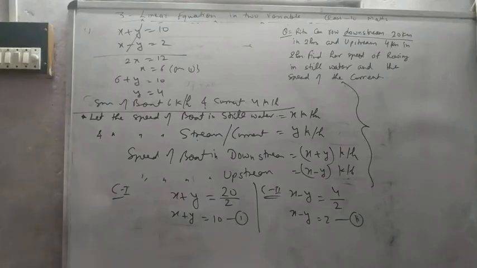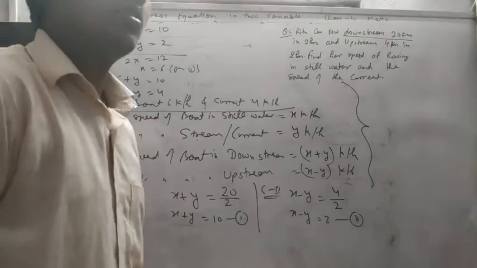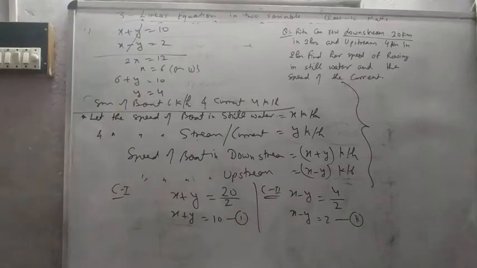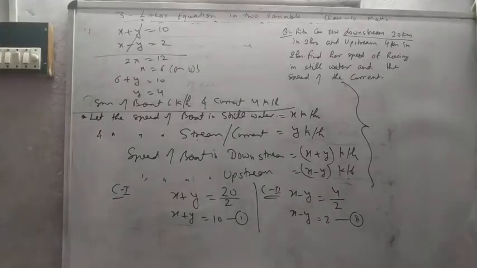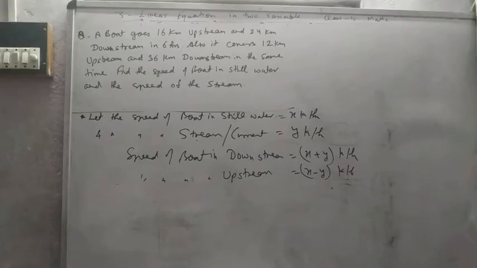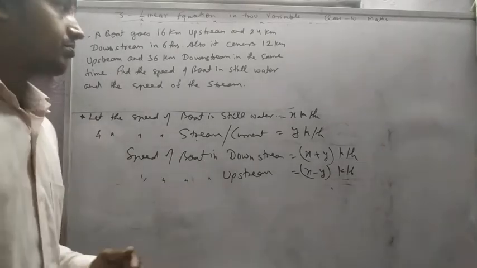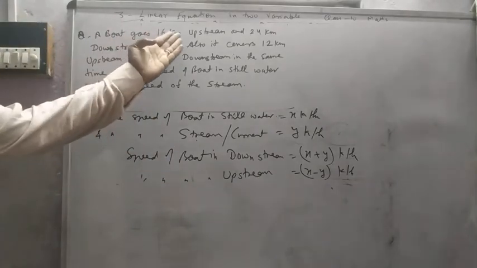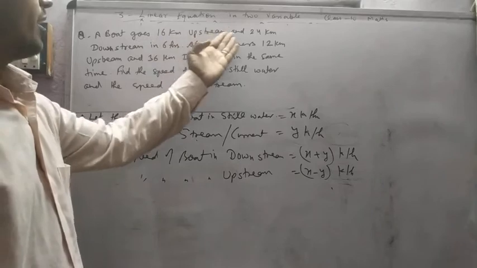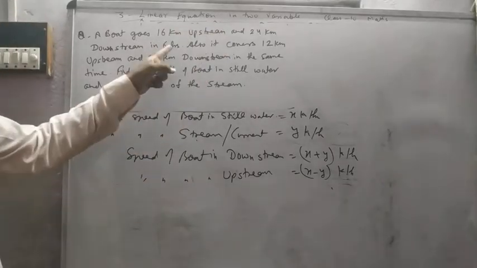Okay, it's a very basic word problem of upstream and downstream. We take one more example. First, pause the video and note down. Take one more problem of upstream and downstream. A boat goes 16 km upstream and 24 km downstream in 6 hours.